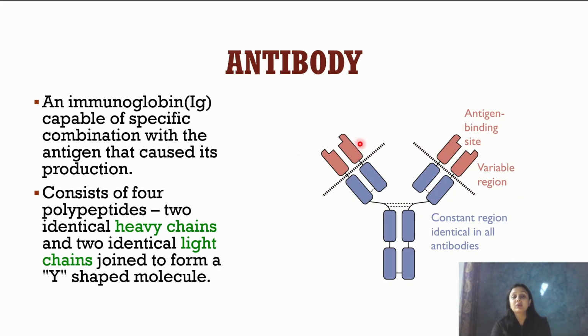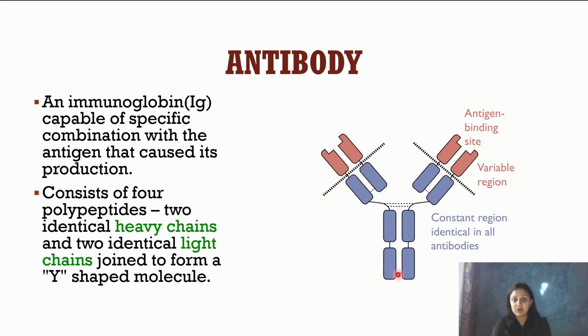Now moving on to antibody. This is an immunoglobulin which is capable of specific combination with the antigen that is causing its production. So this is your antibody. It consists of 4 polypeptides, 2 identical heavy chains and 2 light chains, right? So this is your variable region. This is joined to form the Y-shaped molecule.